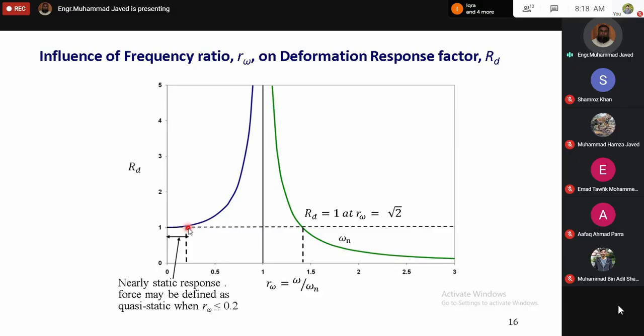And after that, RD increases rapidly with the increase in frequency ratio. And at frequency ratio equal to 1, it becomes infinite due to the resonance, and after the resonance, the RD again starts decreasing.